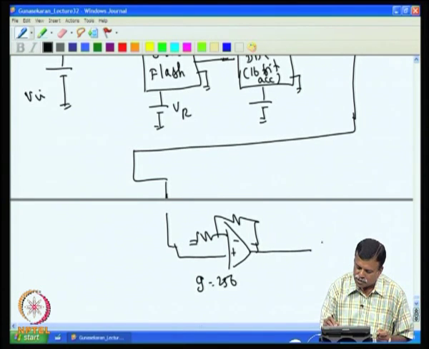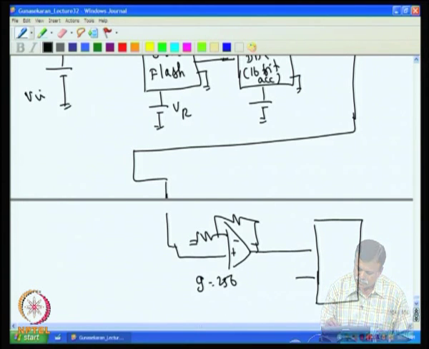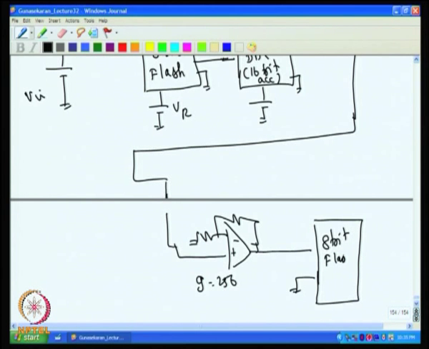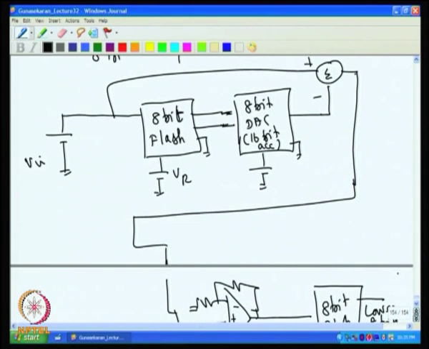Then whatever output is coming, I give it to an 8 bit flash, and this 8 bit will act as the lower 8 bits of the 16 bit converter. This will act as the higher 8 bits of the 16 bit converter, higher 8 bits.